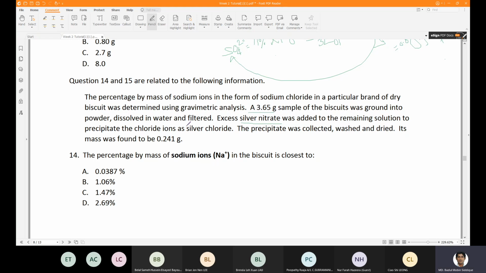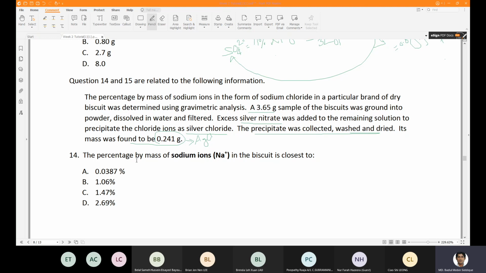So the sample of biscuit was treated with an excess amount of silver nitrate, and then the silver chloride was formed. The precipitate was collected, washed, and it was found that the total was 0.241 gram of silver chloride, AgCl, right?